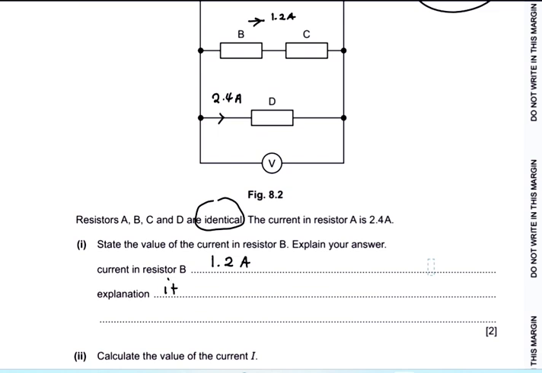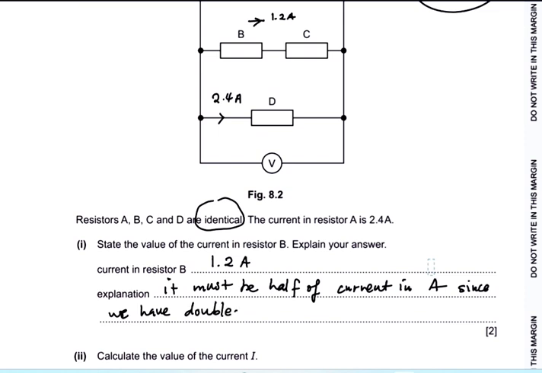It must be half of the current in A, since we have doubled the resistance through B and C. Must be 1.2 amps there.